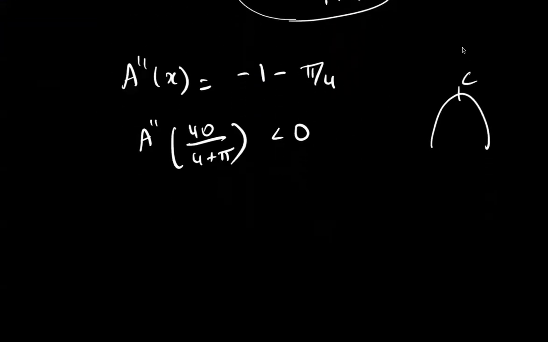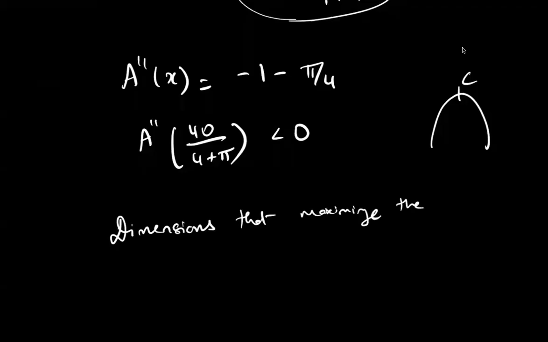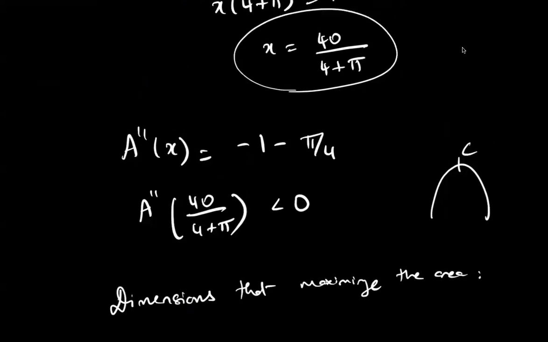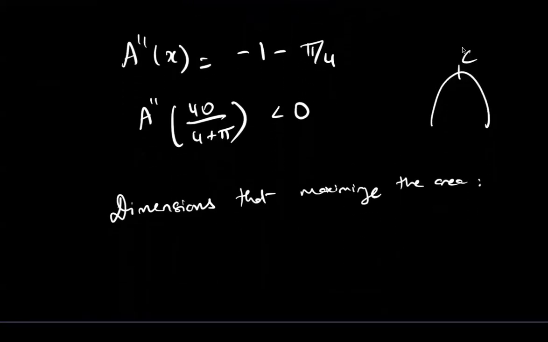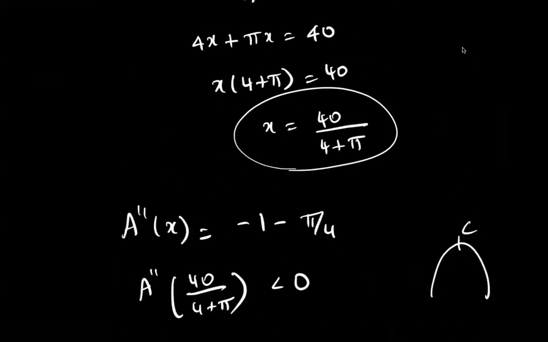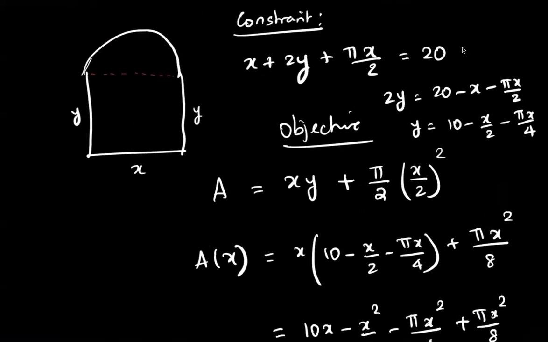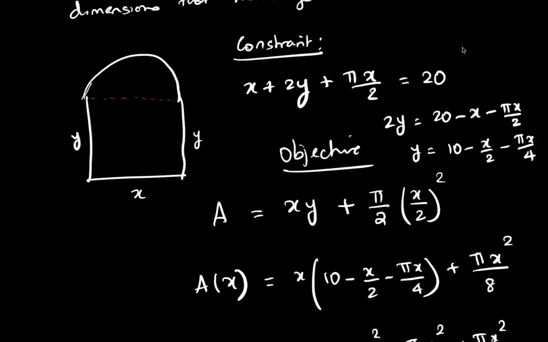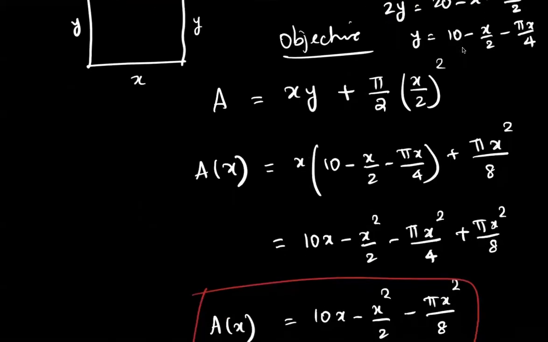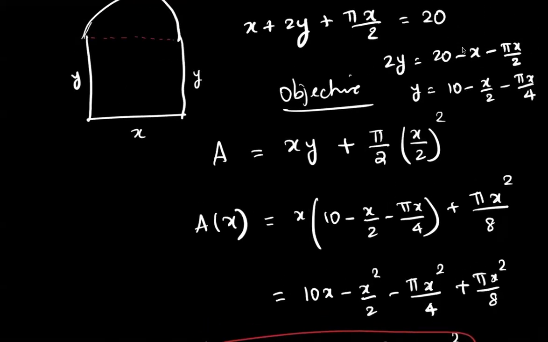Okay, so since we know that this is also an absolute maximum, we are going to say that the dimensions that maximize the area are, this one is my x value, and my y value is 10 minus x over 2 minus pi x over 4.